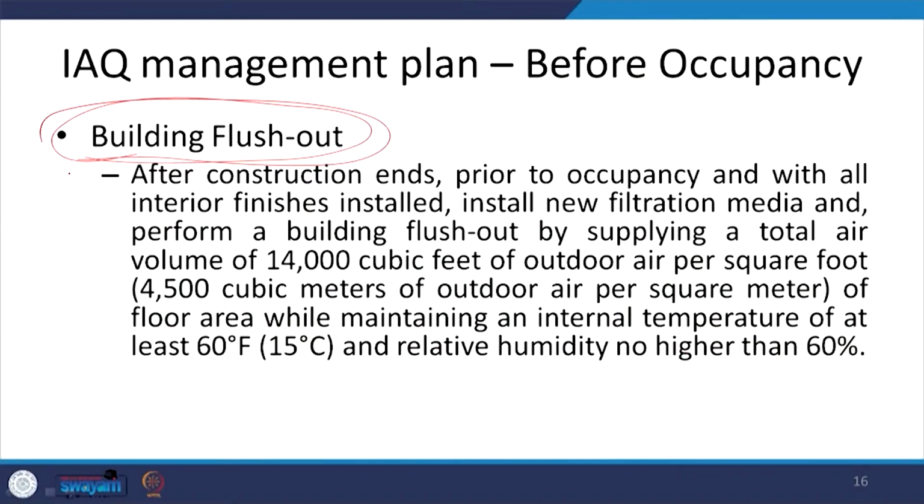Building flush out implies that once the construction has ended and before the occupancy begins, everything inside the building, all the interior finishes, will be flushed out by supplying a total air volume of 14,000 cubic feet of outdoor air per square feet of the floor area.